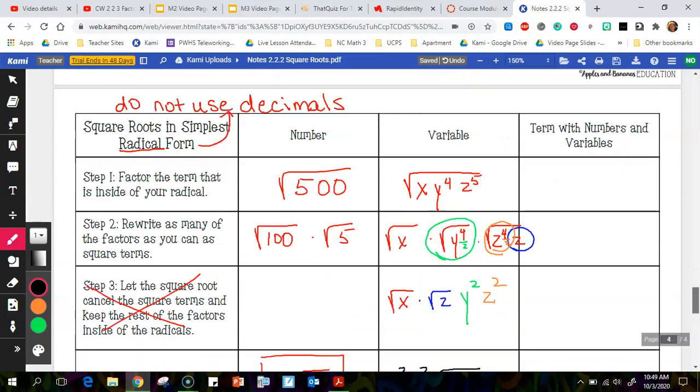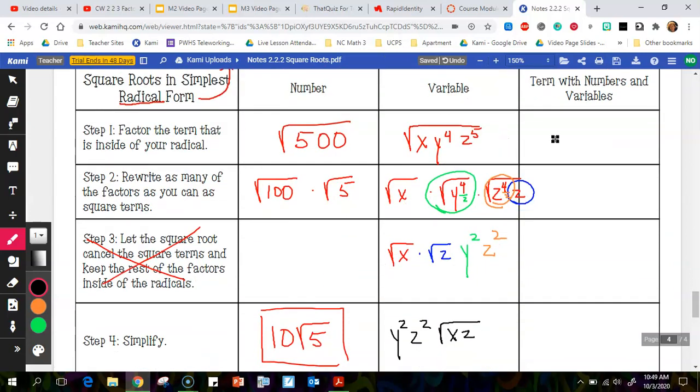Okay. Let's look at one with numbers and variables. So how about the square root of 300 x, y to the 4th, z to the 6th. Okay, so how can this be rewritten?